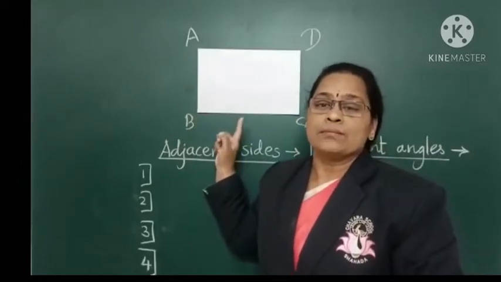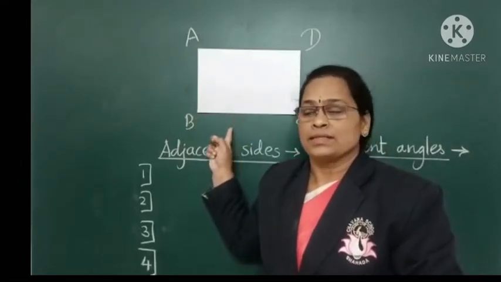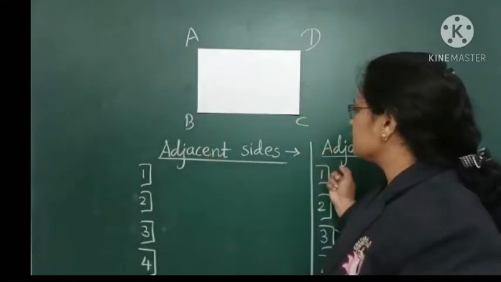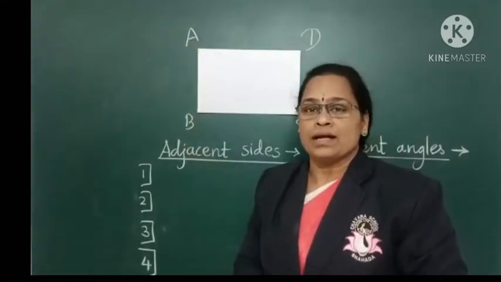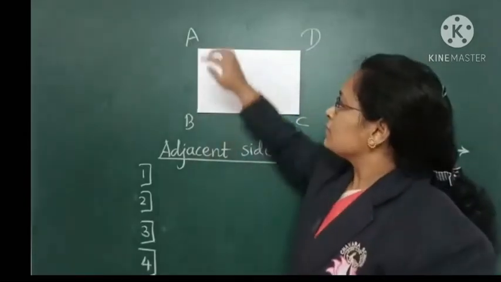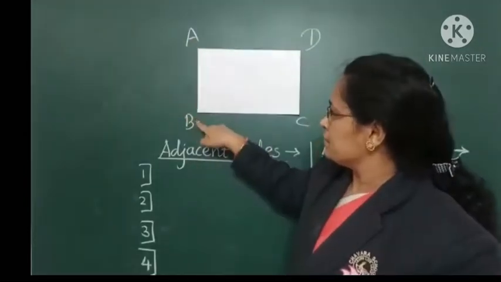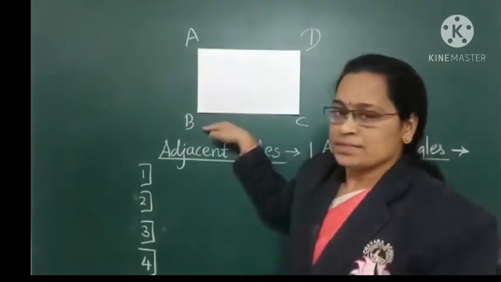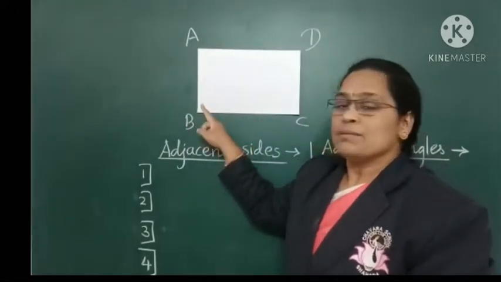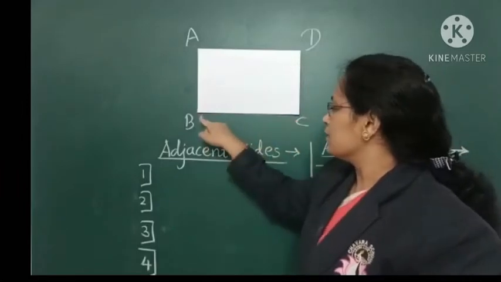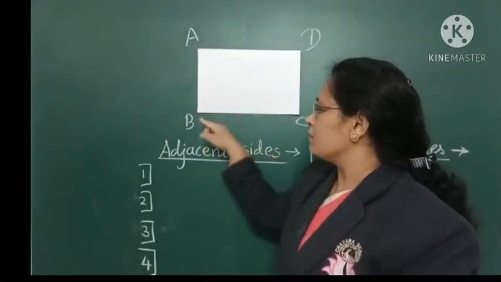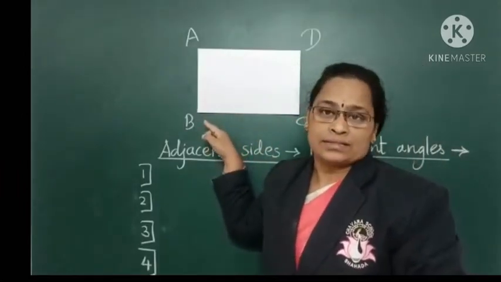So these are pairs of adjacent sides. Similarly, angles. The angles which are near to each other are adjacent angles. Now angle A and angle B, they are including one side, AB. They are a pair of adjacent angles. Angle B and angle C, they are including one side, therefore they are adjacent angles.